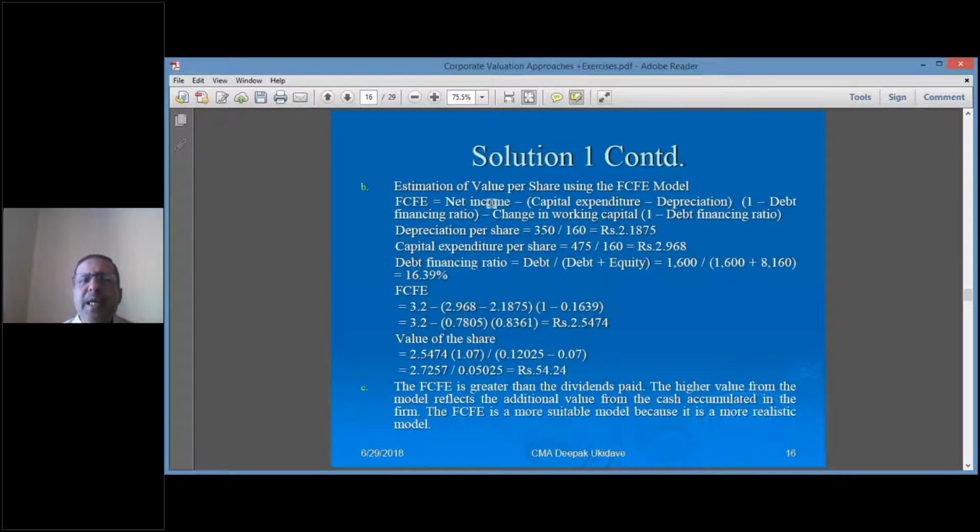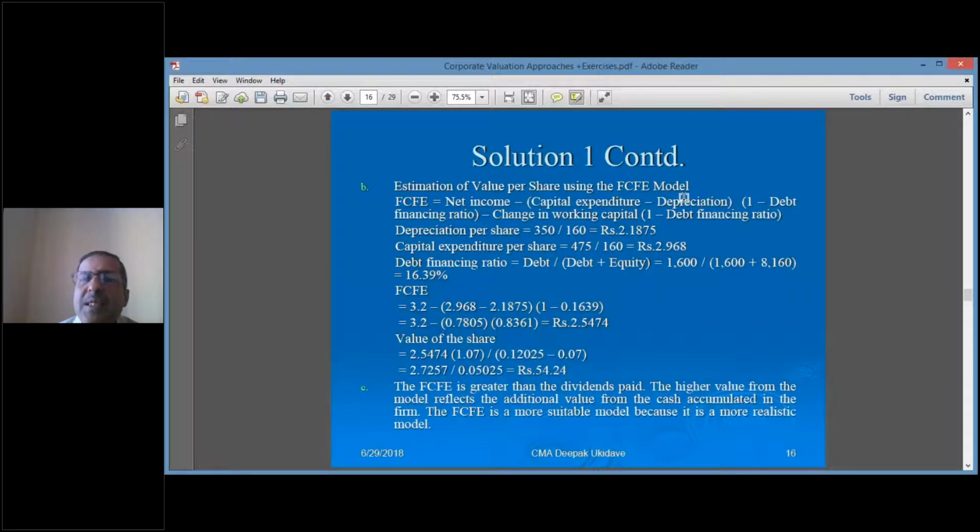So you can see net income minus into bracket capex minus depreciation. If you open this bracket, capex becomes minus, and minus minus becomes plus, so depreciation becomes plus. So net income minus capex plus depreciation. Depreciation is a non-cash expenditure and therefore added back. Capex you deducted because it is cash outflow.